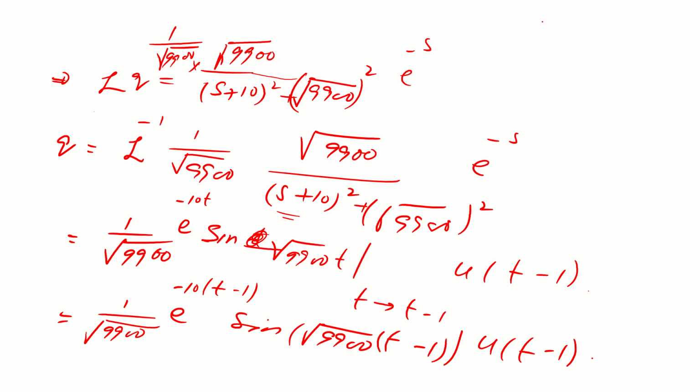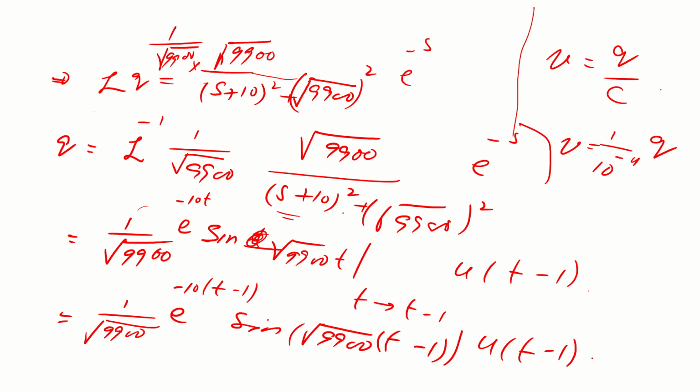Output voltage V is equal to Q by C, and this is found as Q. So we have V is equal to 1 over C, which was 10 power minus 4, into Q. So we can simply multiply this quantity by 10 power 4, 10,000 Q. So we just multiply this with 10,000 to get the value of this voltage.